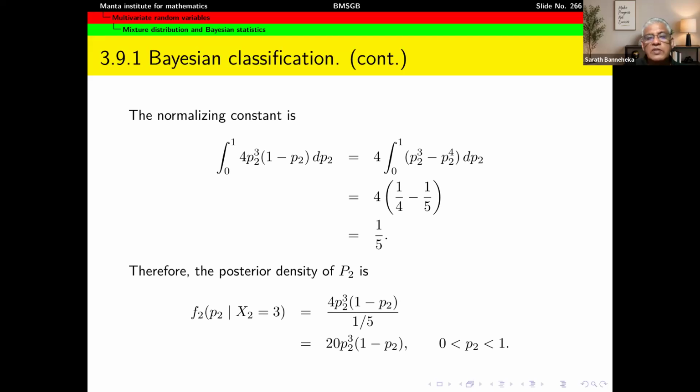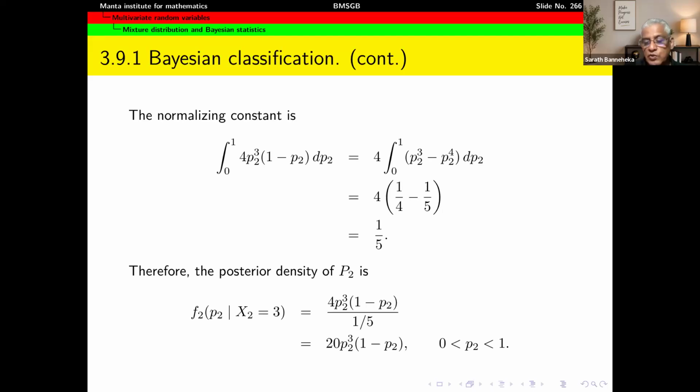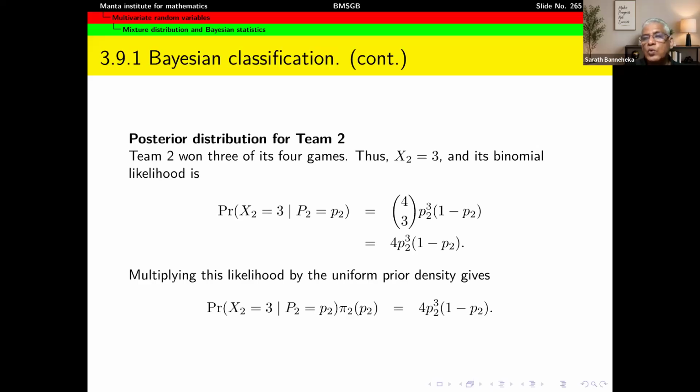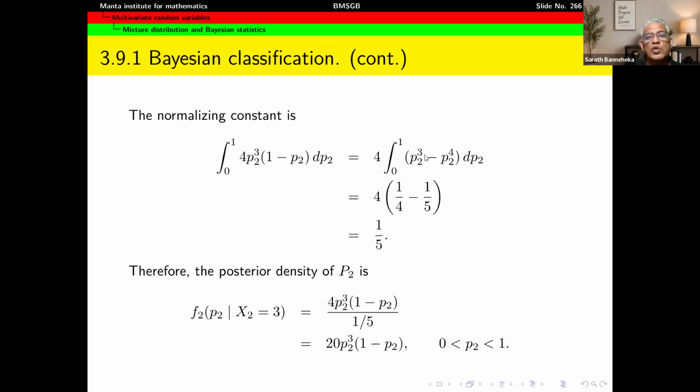So we can identify it as a beta 4 2 distribution. Therefore, of course, the normalizing constant has to be 1 over the beta 4 2 constant, right? But here we have found the normalizing constant in the direct way by integrating the expression that we got. So even if you calculate it as 1 over the beta term, you will get the same answer.